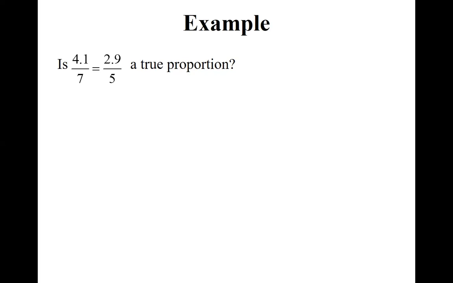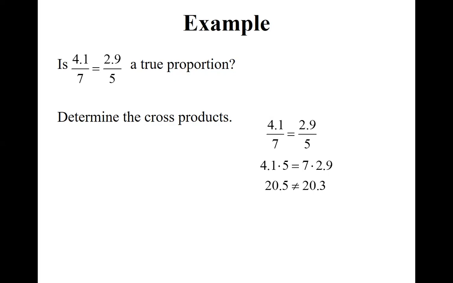Take the cross products. We'd have 4.1 times 5. We'd have 7 times 2.9. 4.1 times 5 is 20.5. 7 times 2.9 is 20.3. They're close, but they're not equal. So it is not a true proportion.